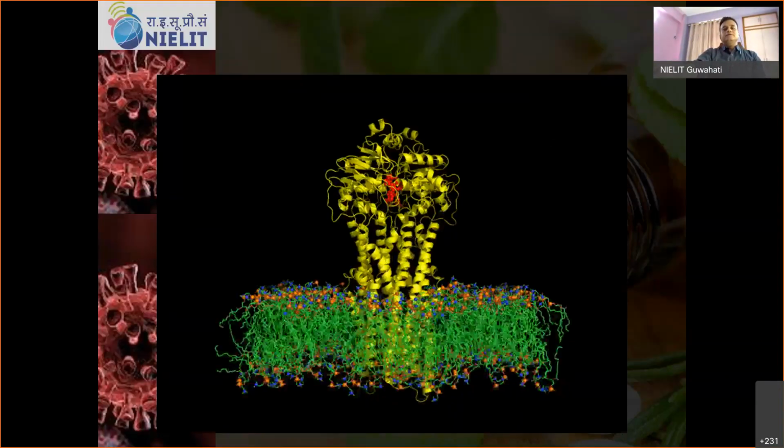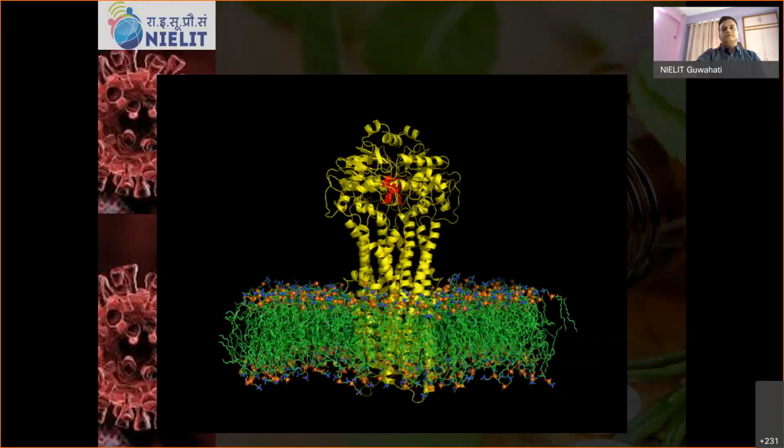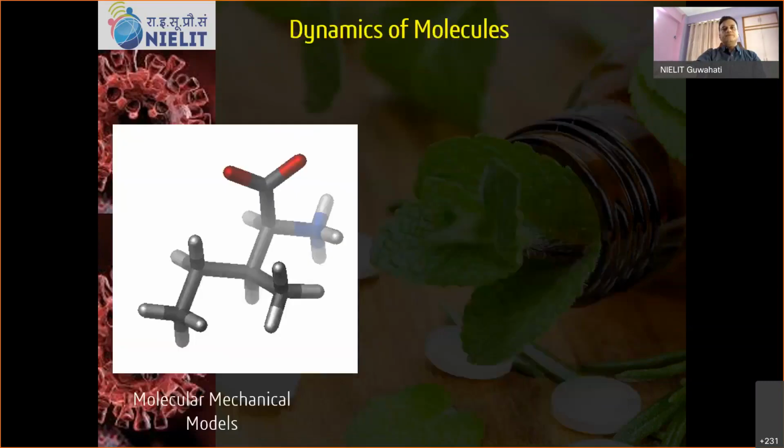So this is an example of a membrane protein.